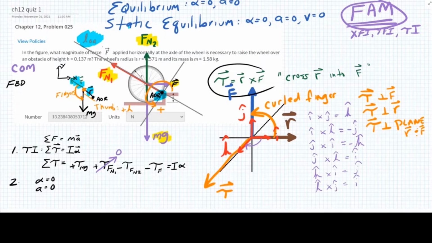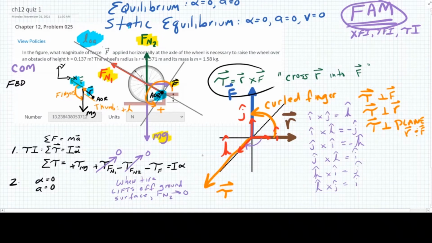FN2 equals 0. And why is FN2 equal to 0? Because when the tire lifts off the ground surface, FN2 instantly goes to 0 as soon as the wheel lifts off the ground surface.